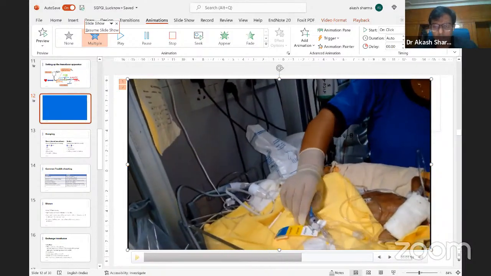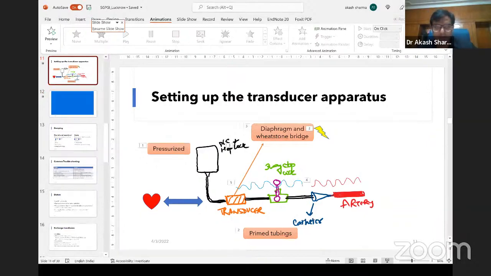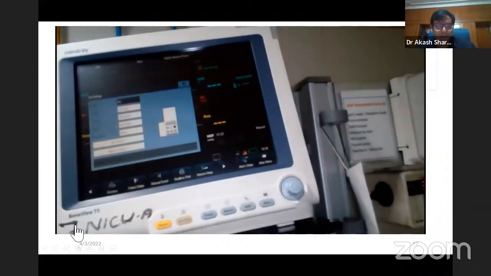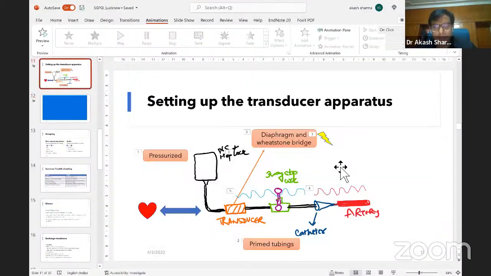So line zeroing, what do we mean by zeroing of the line? I'll go back to this and explain what zeroing is. You basically open this, close off the patient side of the three-way stopcock, and open this transducer to the atmospheric pressure.